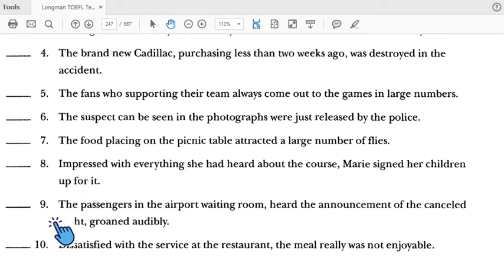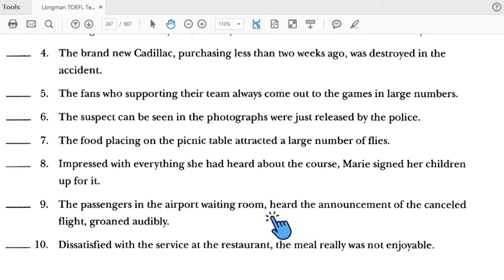Number 9. The passengers in the airport waiting room heard the announcement of the cancelled flight. This one is the subject, this one is the verb, so we try to focus on whether it is totally reduced or not. The passengers... it's not appropriate, it doesn't connect to this sentence because this one is "heard", which means passive voice.